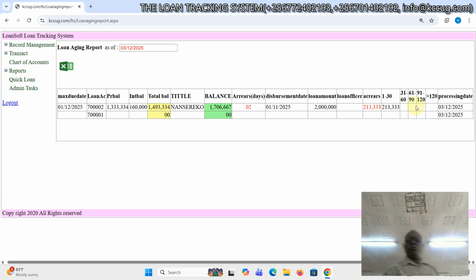So the ones in these brackets are the ones we shall call and say, my friend, we gave you a loan of 2 million shillings, but when the computer checks, it discovers that you are in arrears. For 2 months, you are in arrears by this much. For 3 months, you are in arrears by this much. So at least pay this one such that the computer does not report this. We want a clean ending report.